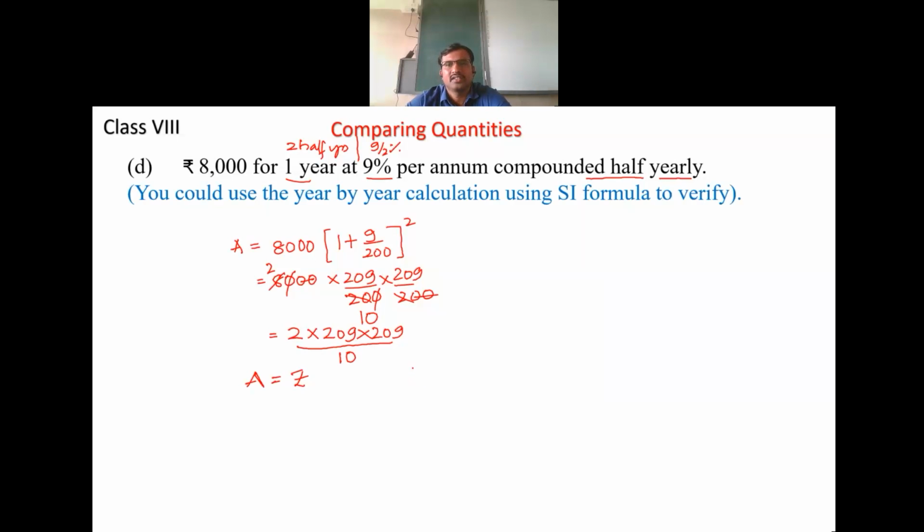So 209 to be multiplied to 209. 8,000. Sir, we can cut 10 by 2.